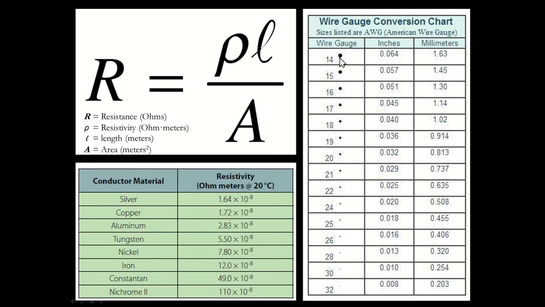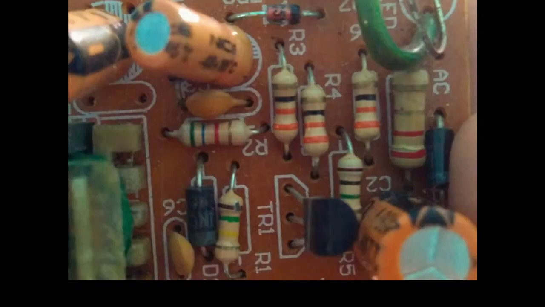It's a little bit bigger wire to handle more current. But knowing the gauge, you can find the area. Because the resistivity here was measured with meters in it, we would have to make sure that we found the area in meters. This is the diameter, but from the diameter and pi r squared, you can calculate the area.